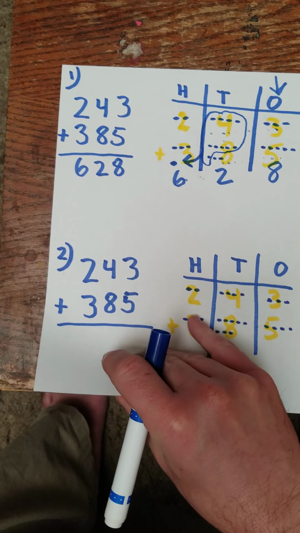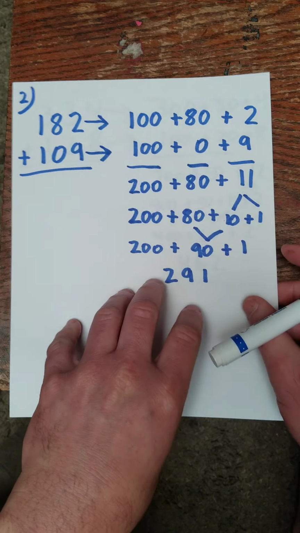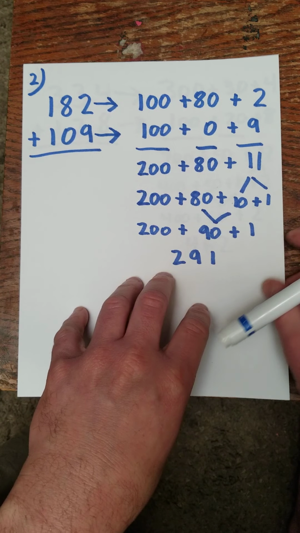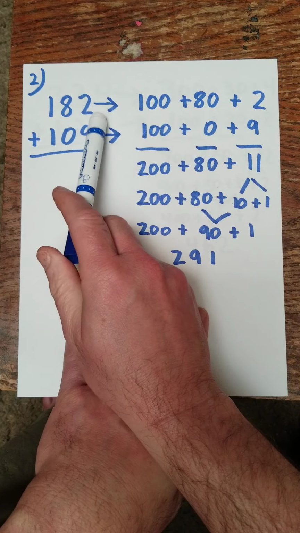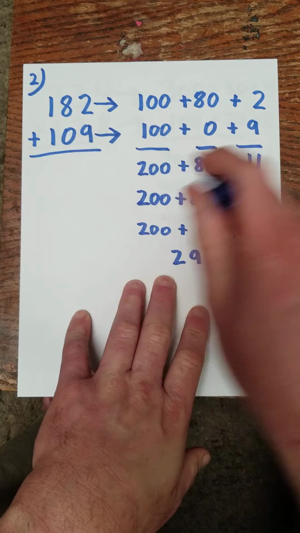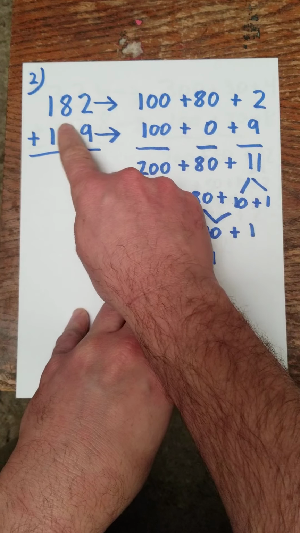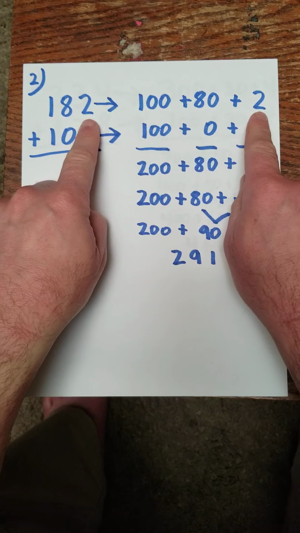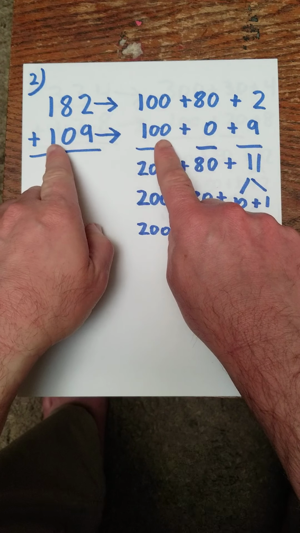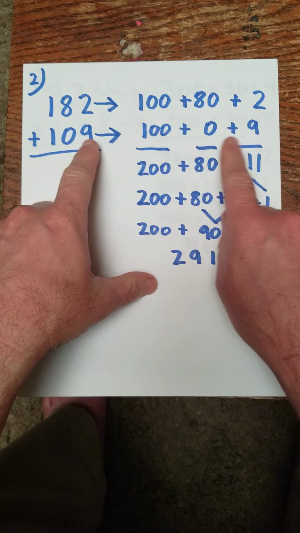I want to go over yesterday's math problems. So if you want to check your answers, number 2 was 182 plus 109. 182 is 182, and then we were adding 109.